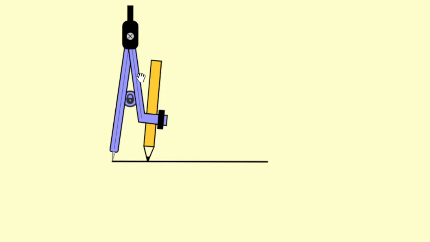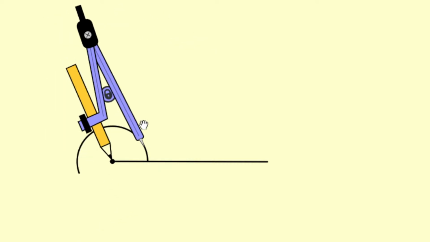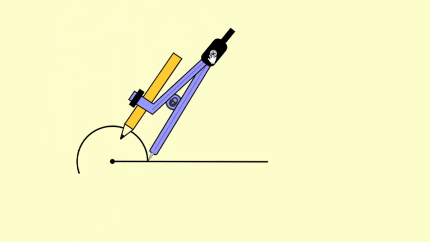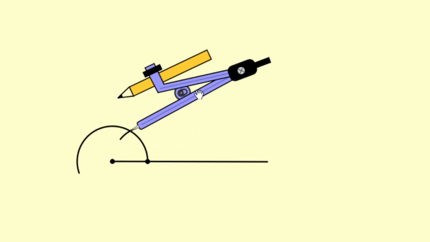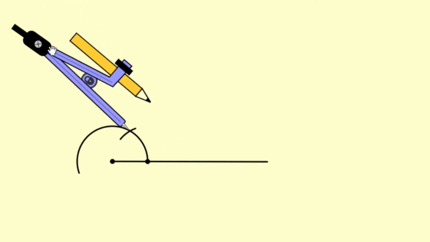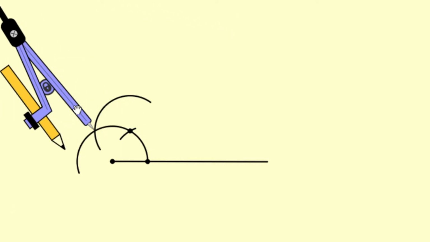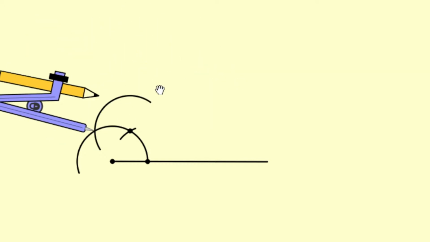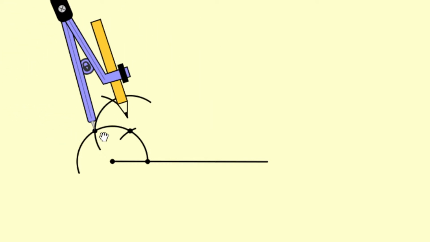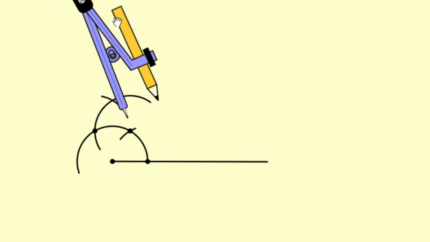First of all, we'll construct an angle of 90 degree. It's actually not required, but arcs we can make. Here one arc at this point, one arc from here, like this we can draw. Then we intersect this arc by keeping our compass at this point, and at this point we are going to get an angle of 90 degree.